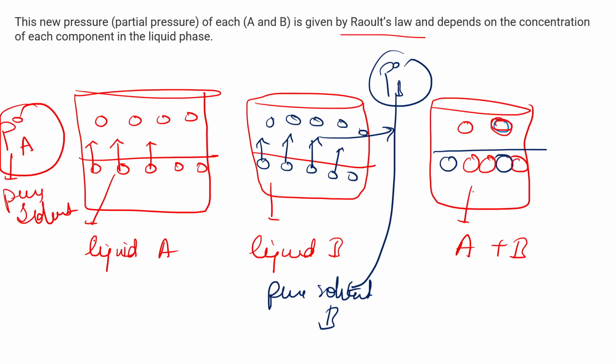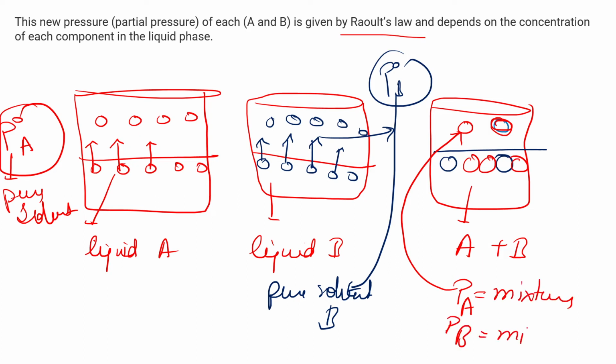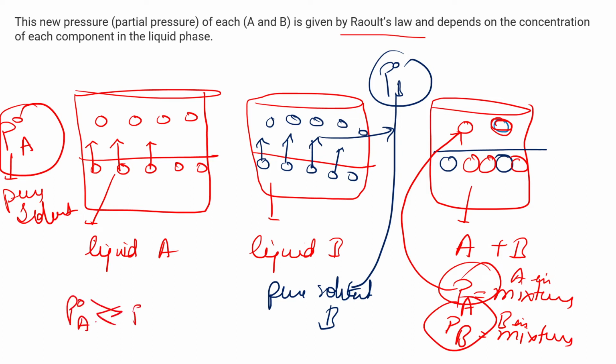So we can say that PA, the new vapor pressure, is the vapor pressure of component A in the mixture, and PB is the vapor pressure of component B in the mixture. So P naught A is greater than PA, and P naught B is greater than PB.